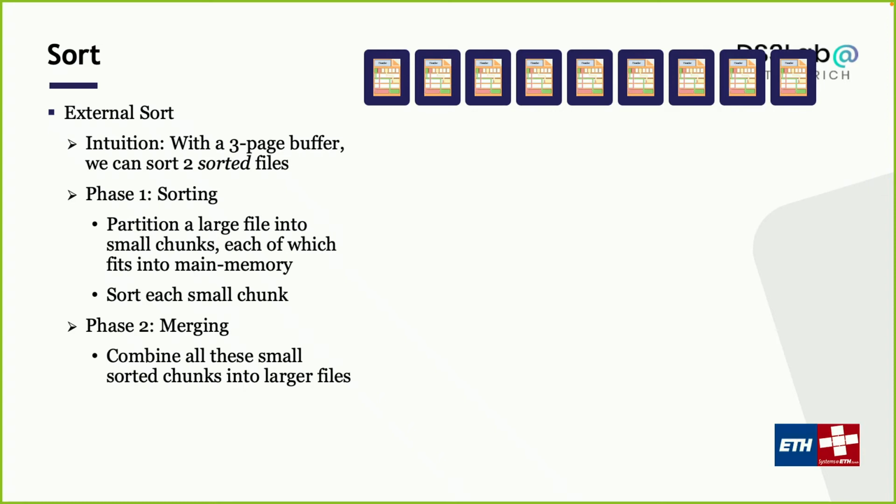So here's how to think about it. Assuming I have n pages to sort in my file, and I have a very small buffer, like a 3-page buffer. What should I do? I bring 3 pages from hard drive to memory.